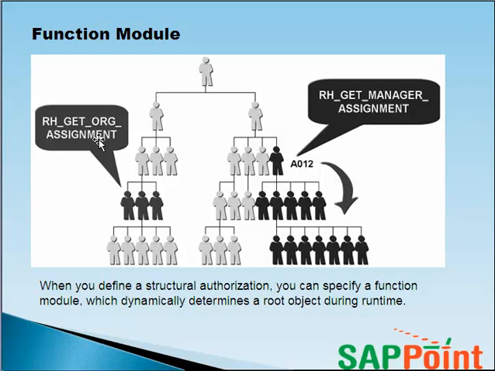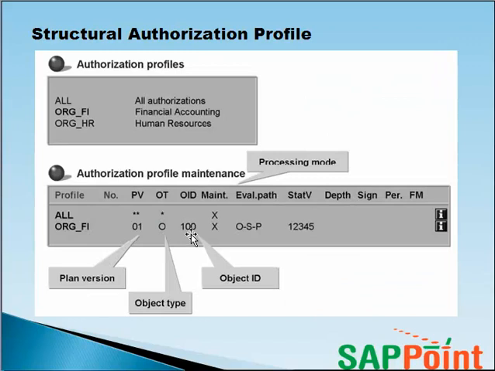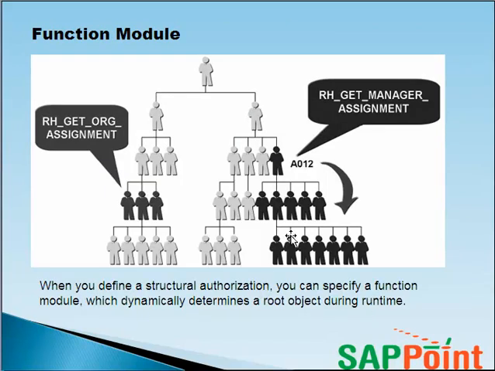Now RH get org assignment. This function module determines the organizational unit assigned to the user organizationally as a root object. So instead of using the object ID, you use, let's say, RH get manager assignment.